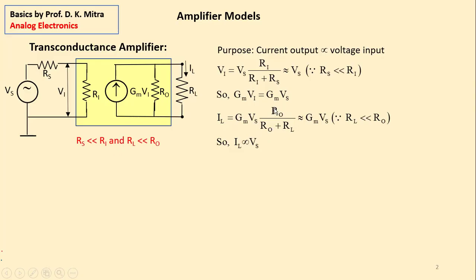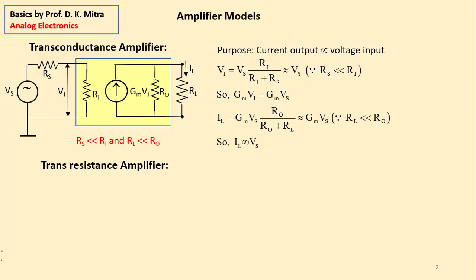Once again, this factor is almost equal to unity. It is GmVs. So what do we get? Output current IL is proportional to source voltage Vs. That was the purpose of this amplifier, and it is called transconductance amplifier, right?